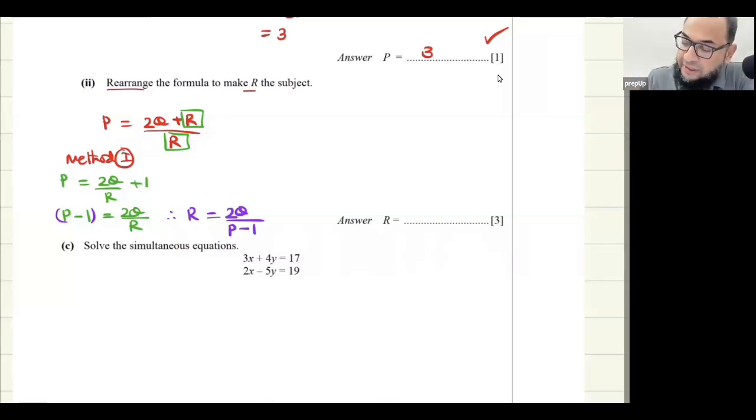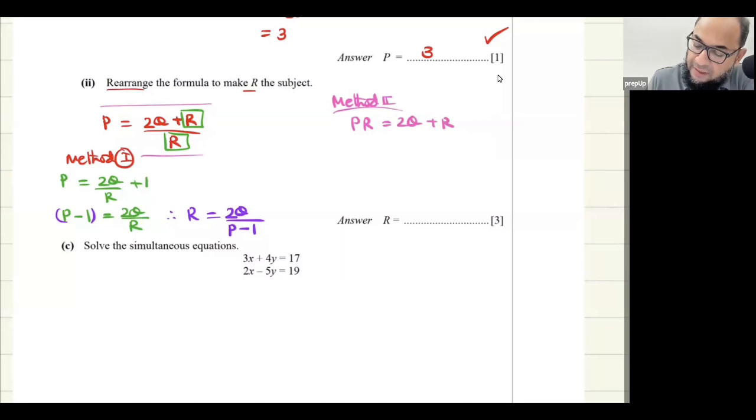Now let me solve it using the other approach. That is method number 2. Let me choose a different color. So this is method 2. And over here, I'll first cross multiply. So Pr is 2q plus r. Pr minus r is 2q. r common. r(P minus 1) is equal to 2q.